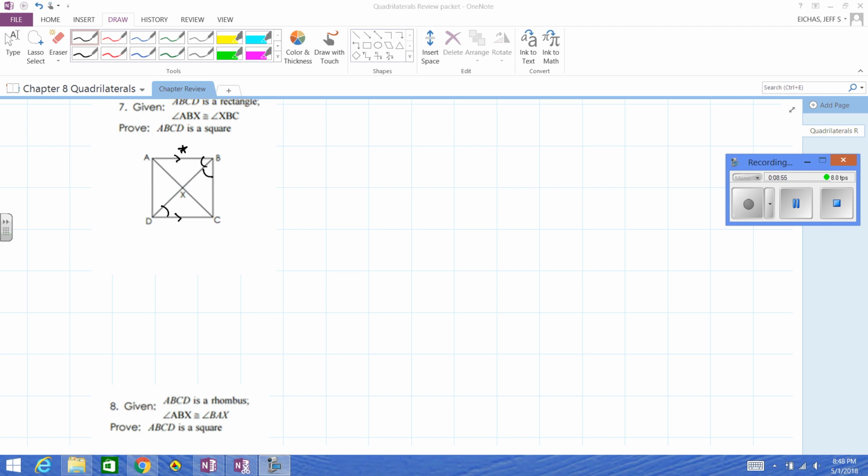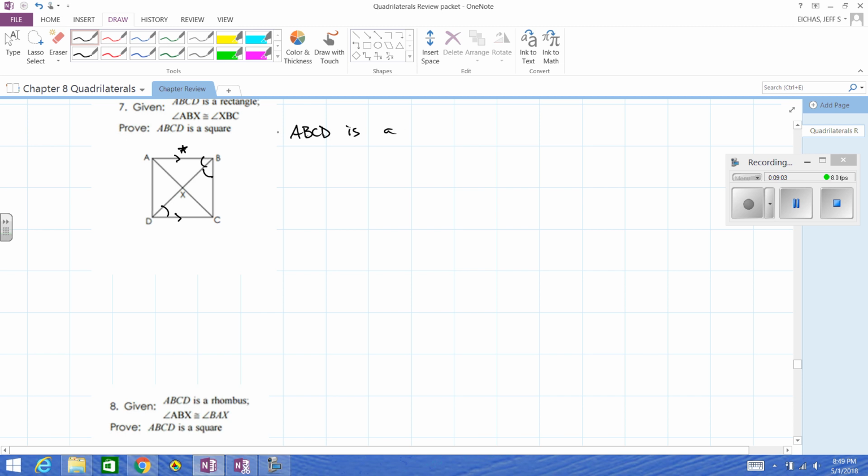All right, let's simplify this proof. I did find a simpler way. So what we could do instead, since ABCD is a rectangle, all we have to do is get a pair of adjacent sides the same, which is going to be pretty easy to do.